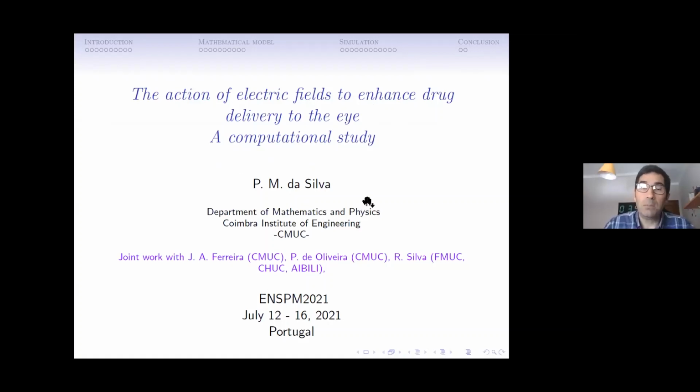So, Pascoal Silva is a professor at the Polytechnic Institute of Coimbra, in the ISEC, and he's going to talk about the action of electric fields to enhance drug delivery to the eye, a computational study.